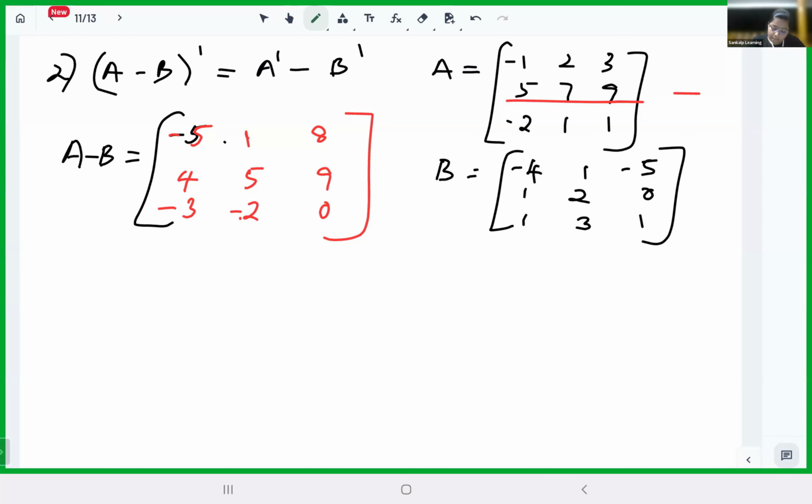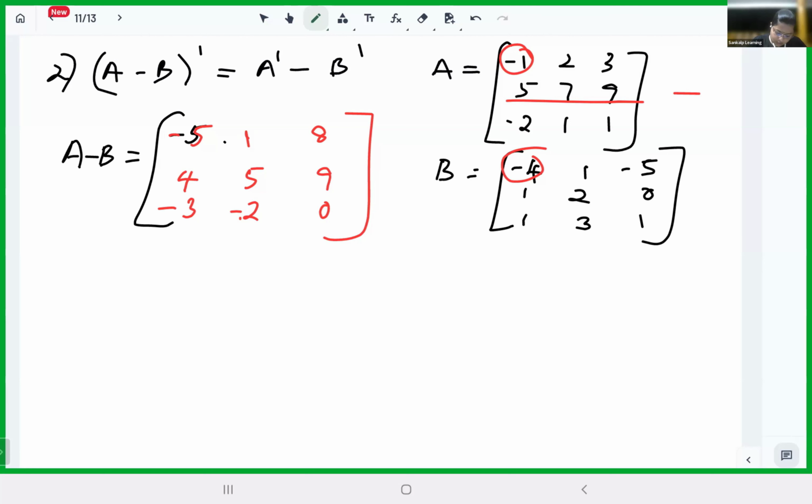Okay, is there any problem here? Minus 1 minus minus 4. First element itself. You can see that minus 1 minus minus 4 is minus 1 plus 4. Minus 1 plus 4 means you have to subtract the smaller value from the bigger value, right? So 4 minus 1 is 3. And what is the sign of the larger value? Sign of the larger value is nothing but plus.